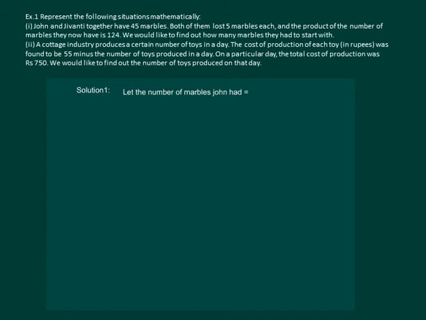Let us start by assuming the number of marbles that John had be x. Now it is given in the question that John and Jivanti together have 45 marbles. That means the number of marbles Jivanti will have will be 45 − x.